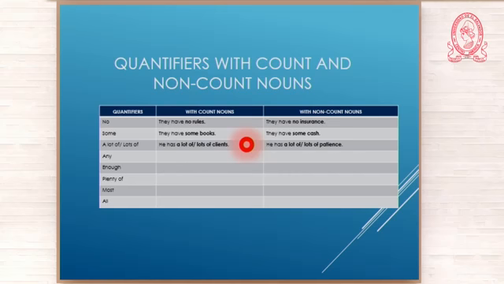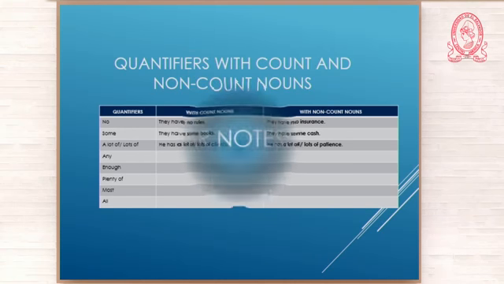Or you may say, he has lots of patience. In your material, you have examples for any, enough, plenty of, most, and all. What do you have to remember about this group of quantifiers? You have to remember that it is possible to combine them with count and non-count nouns. So it is possible to combine them with both of them.